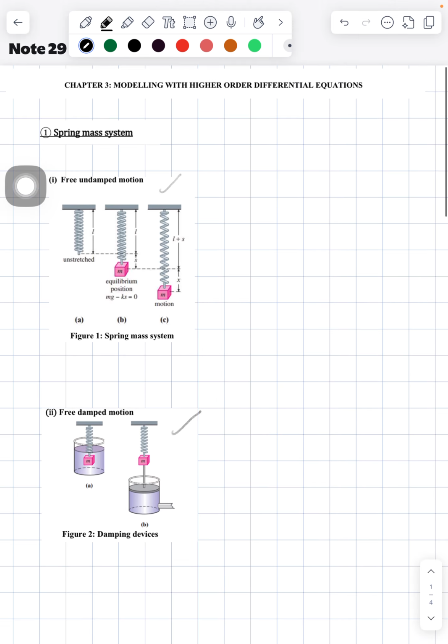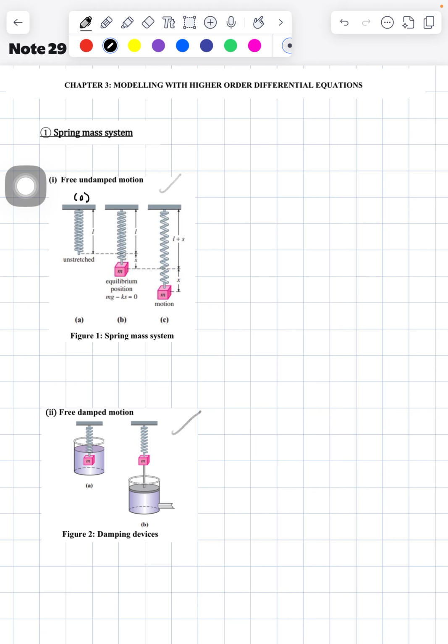Okay, for the first system, free undamped motion. In this image, we have the unstretched spring. And in the second image, B, we have the mass attached to the free end of the spring.